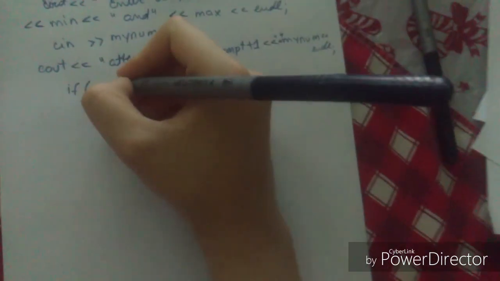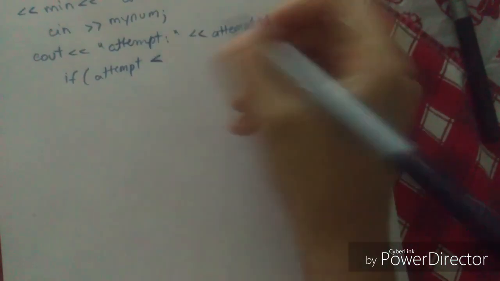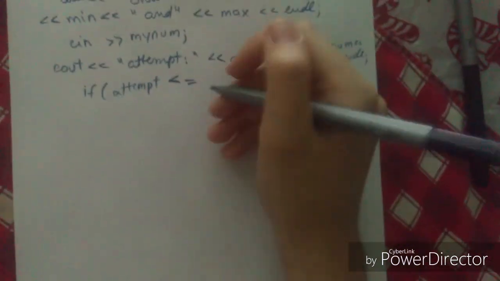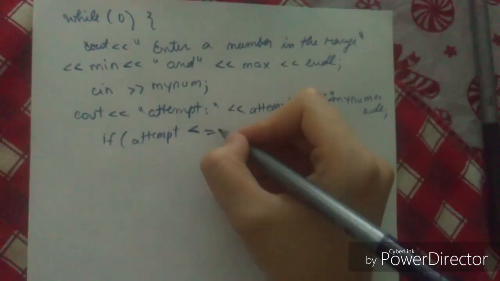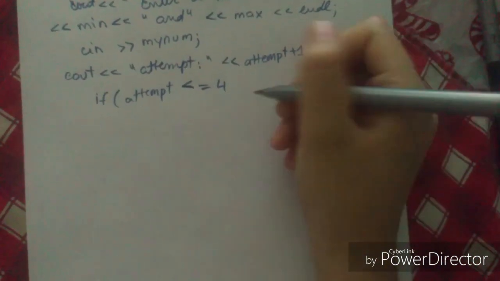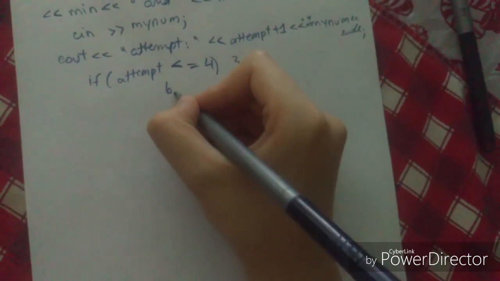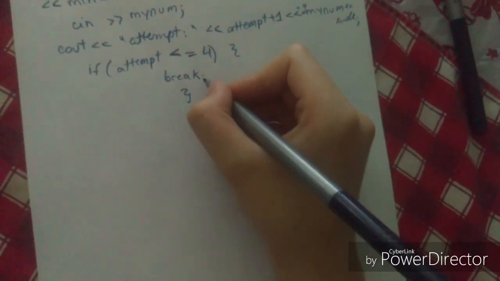So you can say something like, if attempt is less than, I don't know, whatever number of attempts you want to give. I want to give the user only 5 attempts, and since I initialize this at 0, I'm going to say less than or equal to 4, and then we're just going to say break. This basically tells the program to end if the limit was reached.